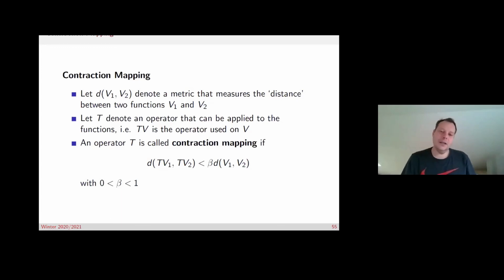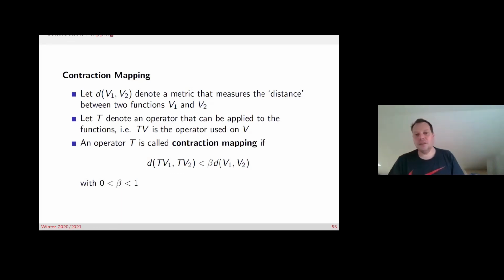And the idea here is that if you apply this operator over and over again, then this distance should be 0, which then implies that the two functions that you initially started with, which are some functions, are then the same. So you have a fixed point, which then helps you at the end of the day in this algorithmic approach to find the form of the value function.